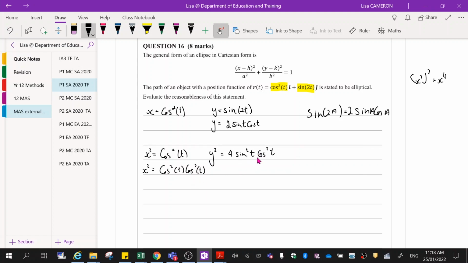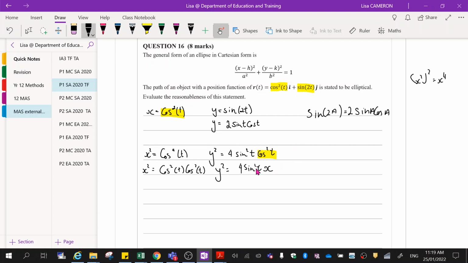For this next one over here, I'm going to start thinking about how I can get these things to all be in terms of x's. So now I can say y squared is equal to 4 sine squared t. And this cos squared part here, you'll notice is the same as this, so I can replace that with x. Now the other problem that I've got here is this one's not in terms of cos. So that one's not looking good at the moment.